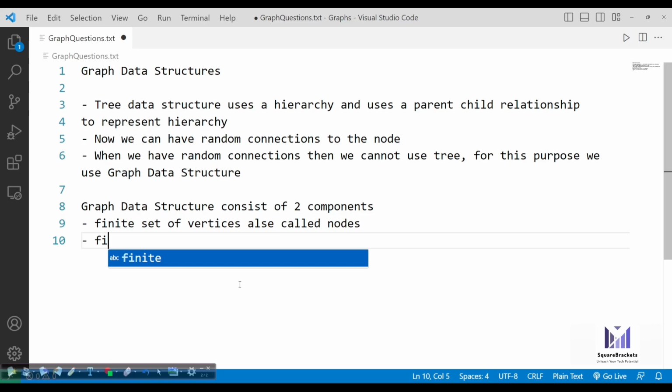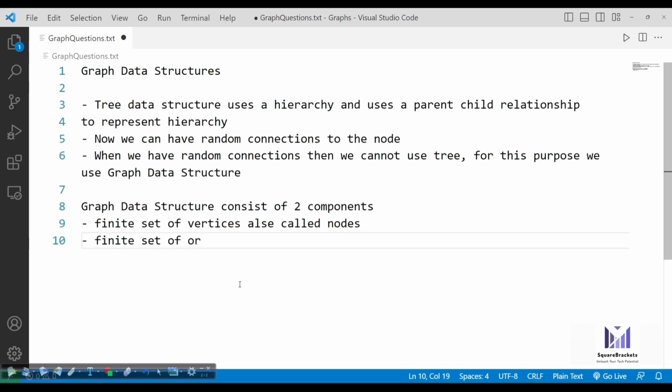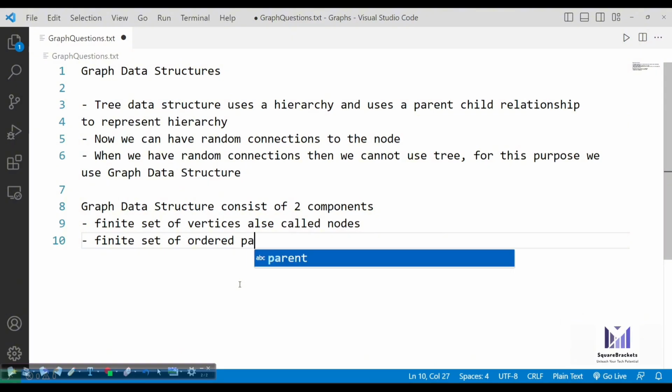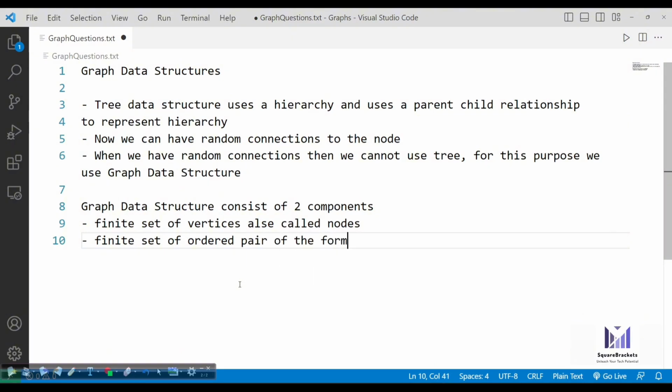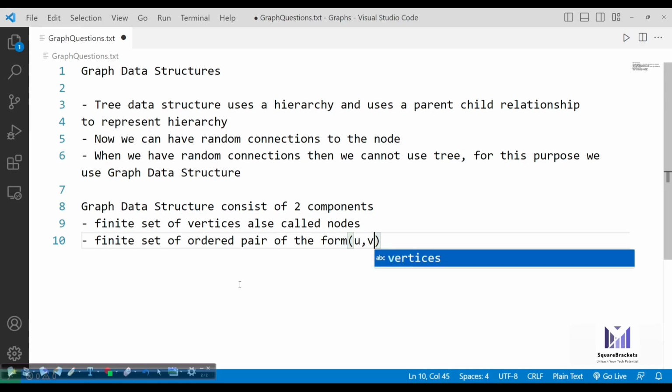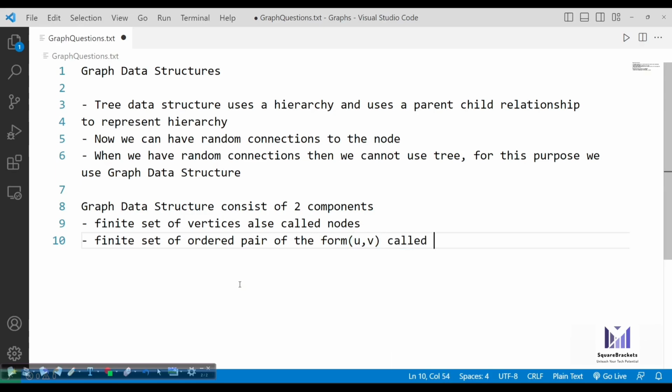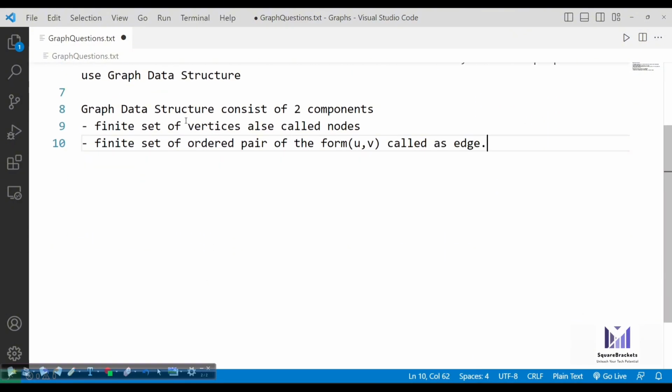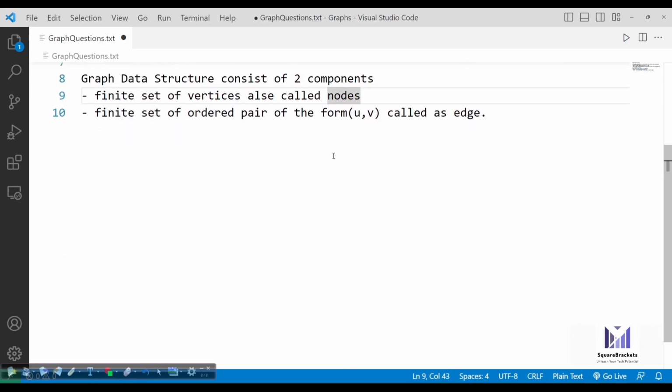Another one is a finite set of ordered pairs of the form u comma v, which is known as an edge. All right. So one is a set of vertices, that is, the nodes that we have, and one is a finite set of pairs, that is, edges.